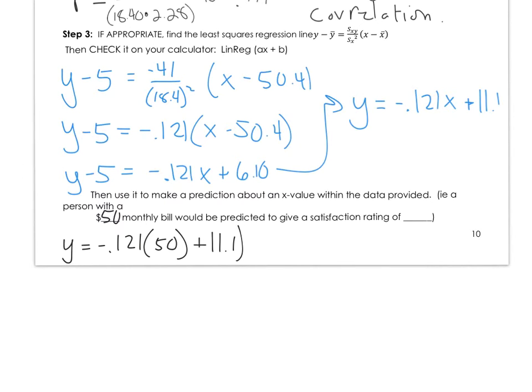All right, one last quick calculation. And this is about equal to 5.05, and so the predicted satisfaction rating of that person would be about a 5.